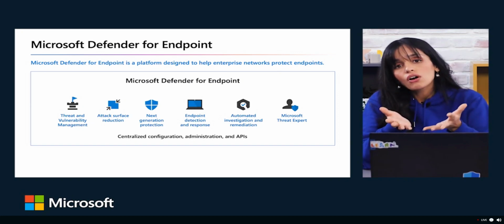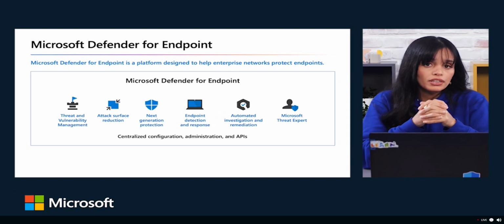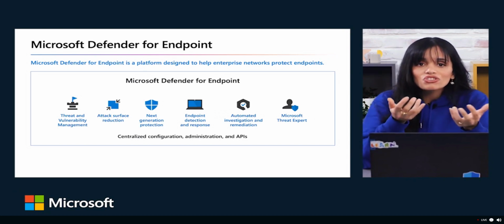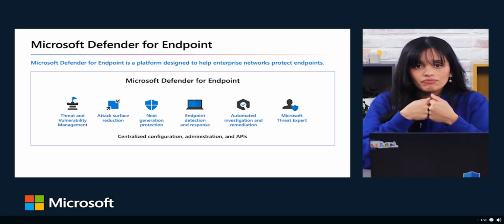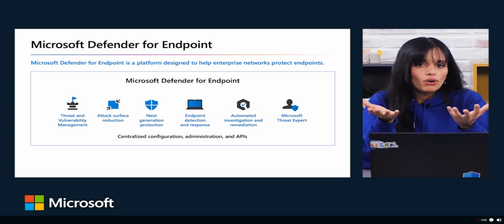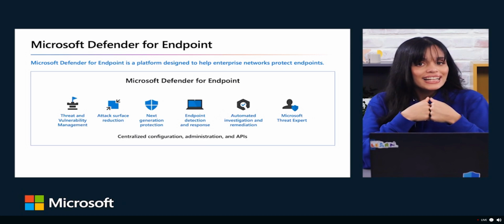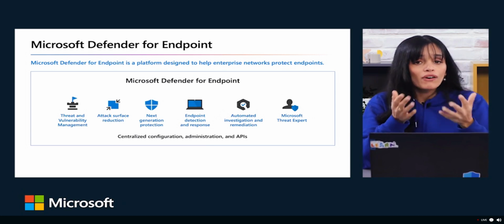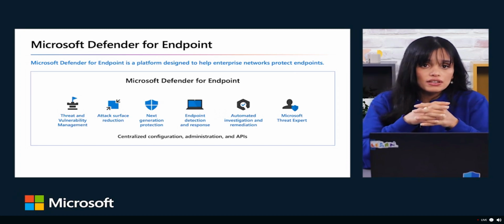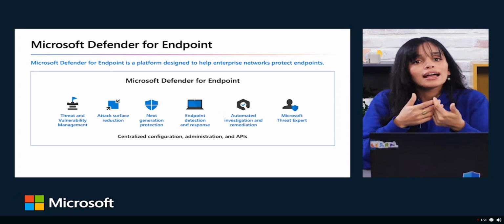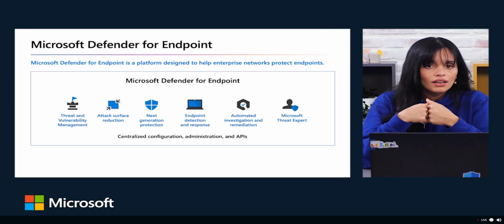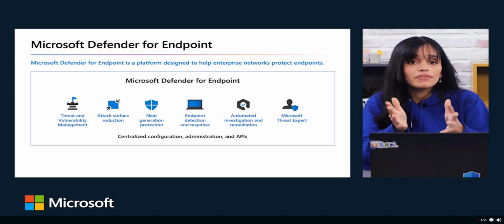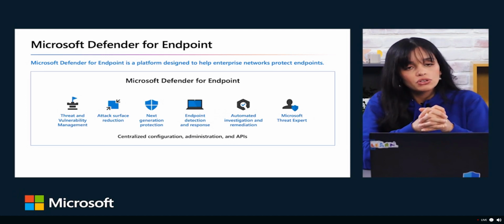It also includes next generation protection. Think of this as your next generation antivirus, or a little bit more. Moreover, it includes endpoint detection and response that provides advanced attack detections that are near real-time and actionable. This is only some of the features. You can read more about them in the documentation in Microsoft Learn.